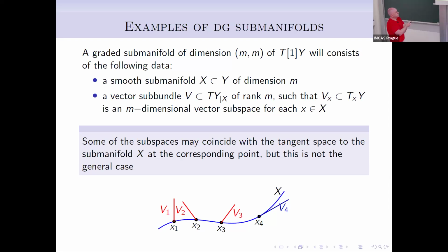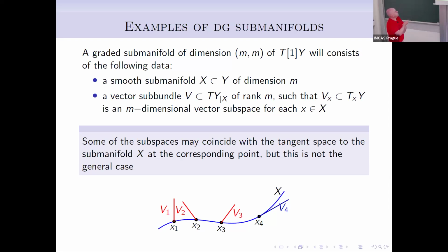Blue is a submanifold, and V1, V2, V3. I'm using some kind of even, geometric intuition, but in the super case it's similar. If you restrict our Q structure to a submanifold, it's not necessarily tangent to it. I wrote in red those vectors which are not tangent, and in blue the only one which is tangent. If it's always tangent, then it's a Q submanifold, a DG submanifold.